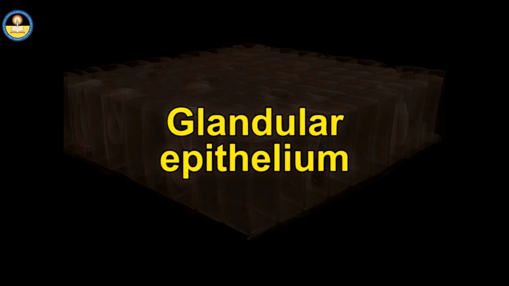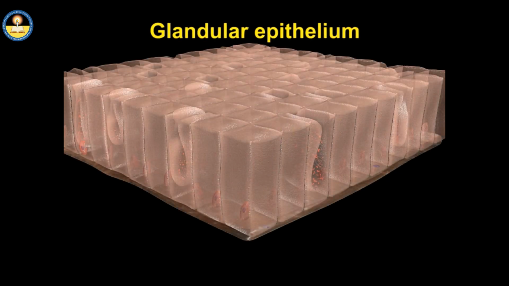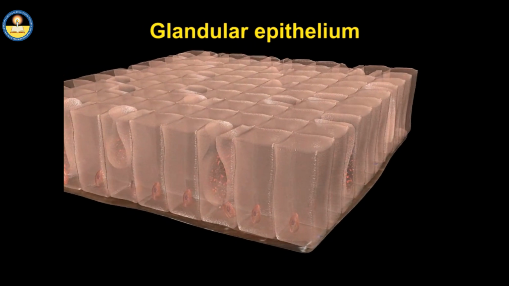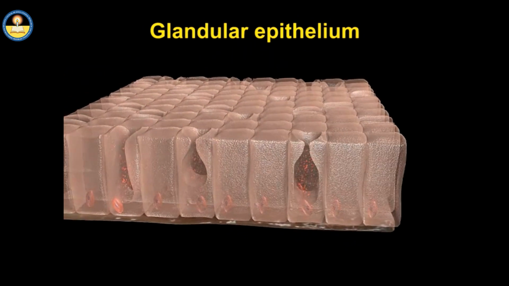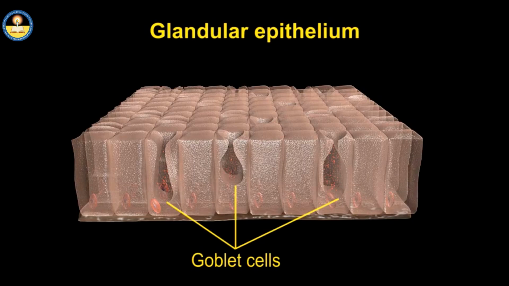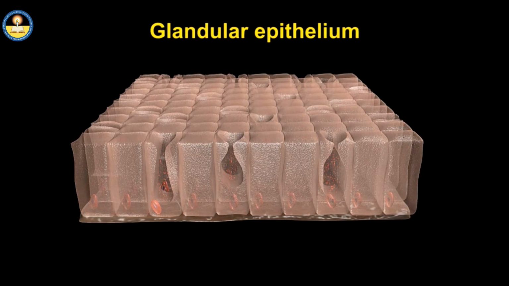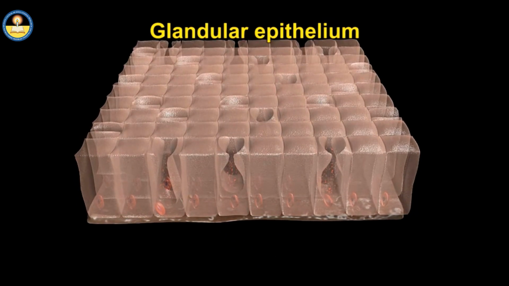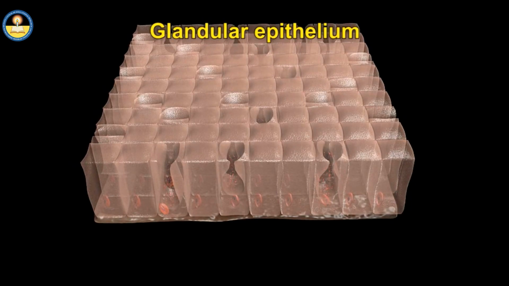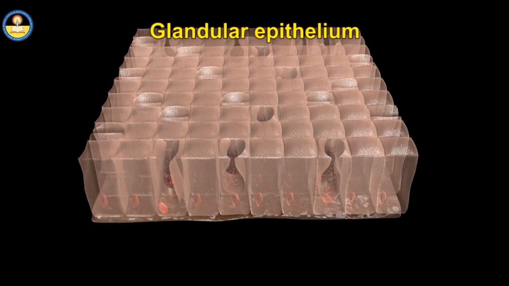Glandular epithelium. When a columnar epithelial sheet does not contain all cells of the same type but has some goblet cells too, it is known as glandular epithelium. Goblet cells appear as large clear spaces present among the columnar absorptive cells.